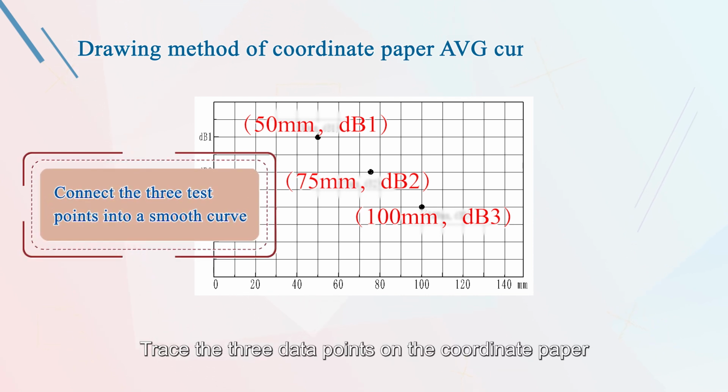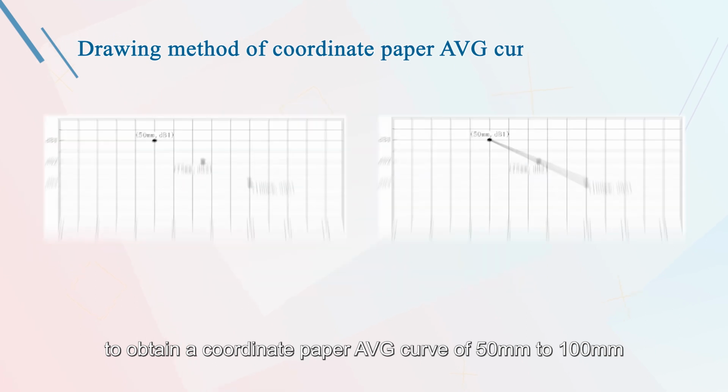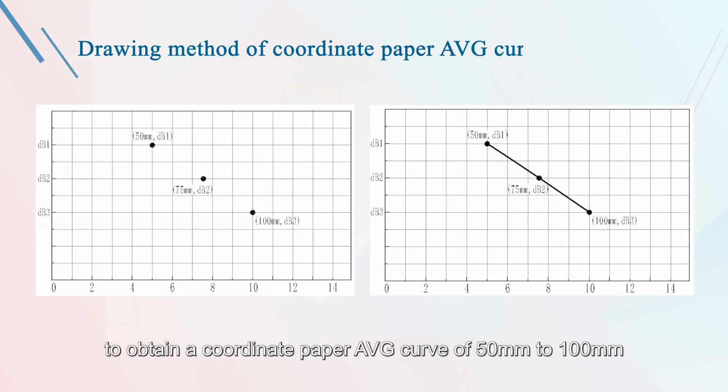Trace the three data points on the coordinate paper and then connect them into a smooth curve to obtain a coordinate paper AVG curve for 50 mm to 100 mm.